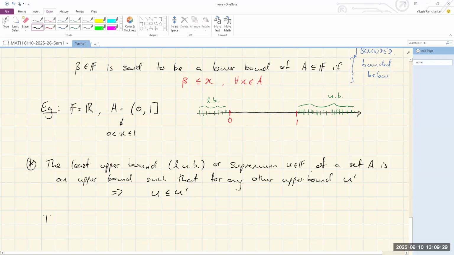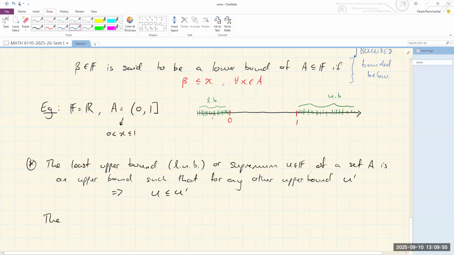And in a similar way, we have the same thing for the lower bound. So what is the tightest lower bound? So all of these are lower bounds, but if we keep increasing the lower bounds until we hit 0, notice that we cannot get a lower bound bigger than 0, because then there will be elements of A that are smaller than it.